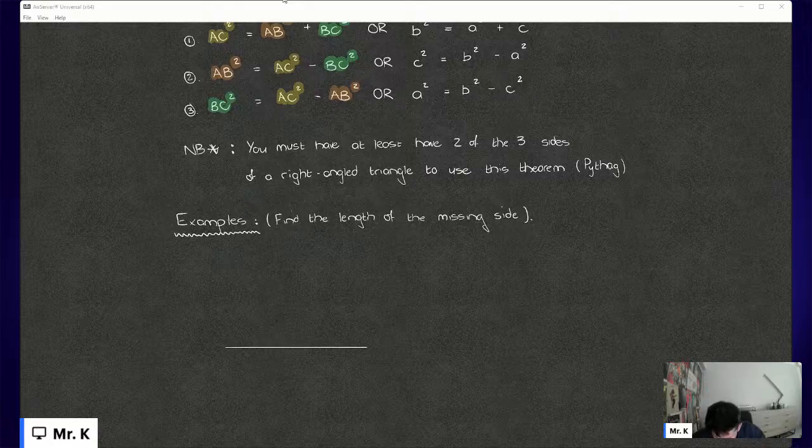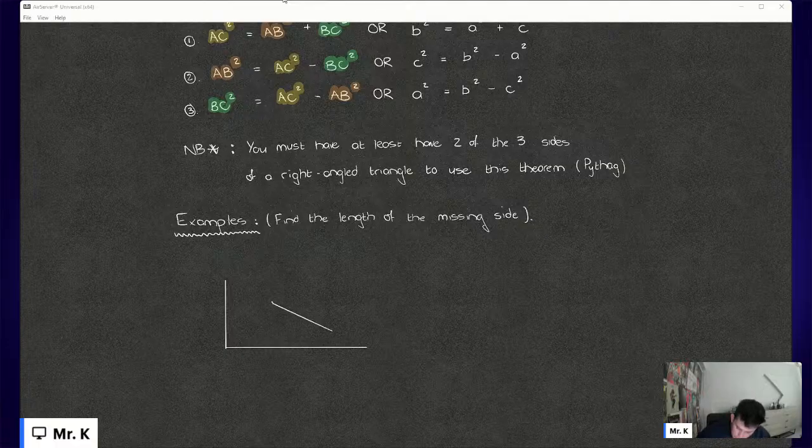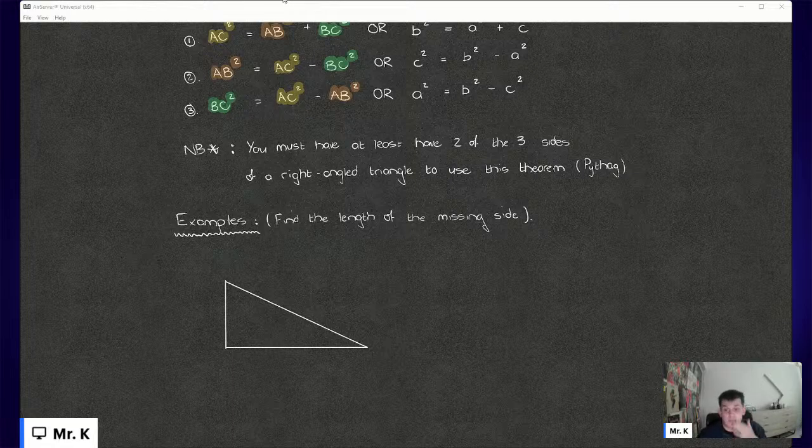Instead of trying to memorize all the letters and stuff like that, which absolutely will confuse you in the long run, you just need to remember that if I take the two shorter sides of a triangle and I square them, it will give me the square of the longest side, the hypotenuse. So let's take a look at this.